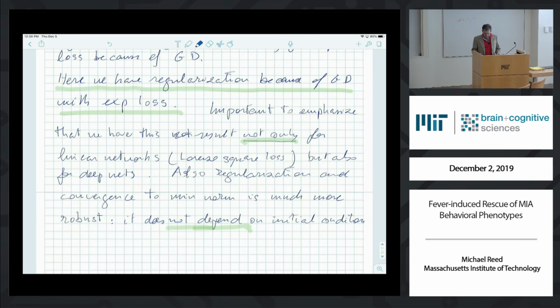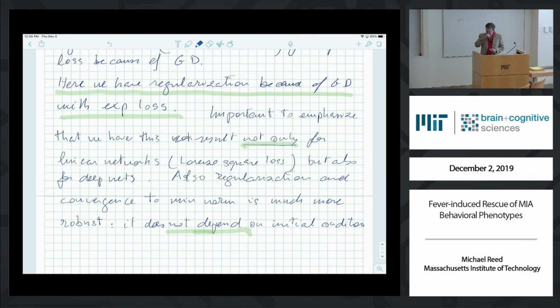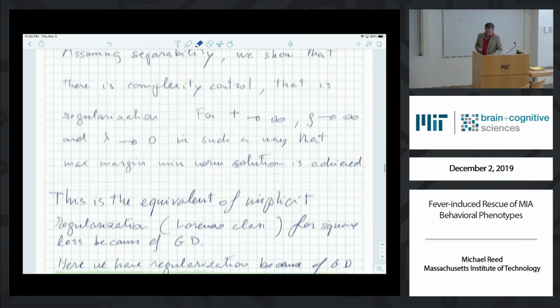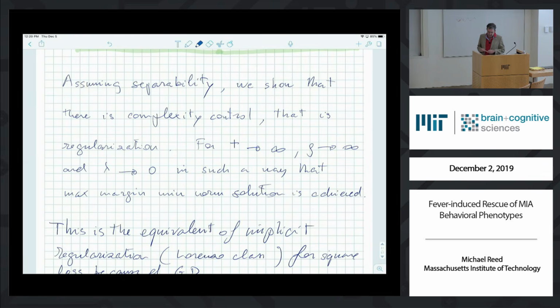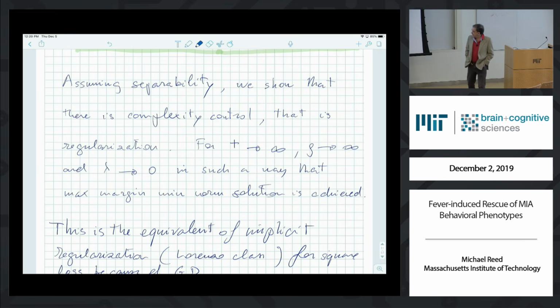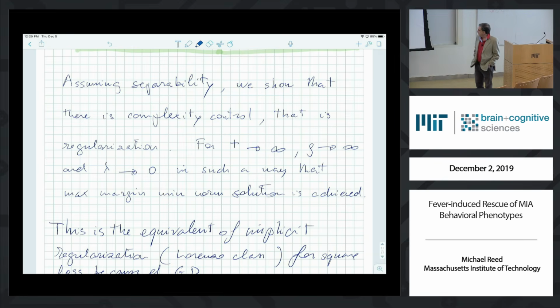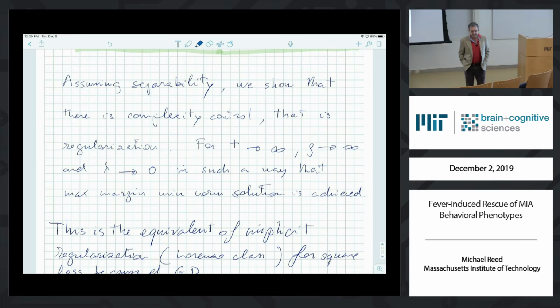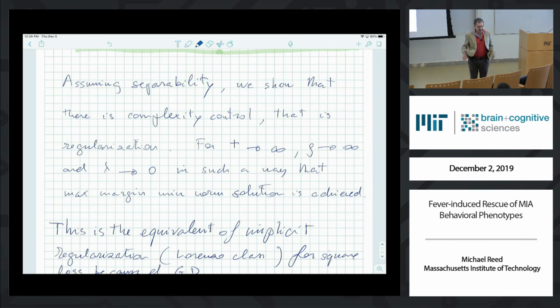Okay. So again, the main message to take home is this one, that there is complexity control in deep networks, despite the fact that it does not look like they have it. And this does not yet explain all the properties of deep networks, like good performance with over-parameterization.